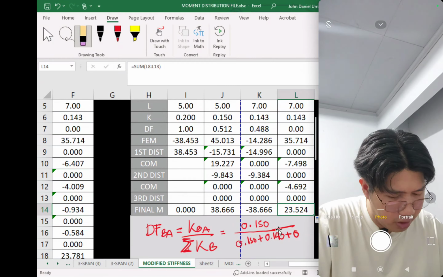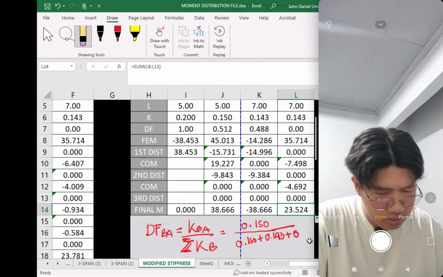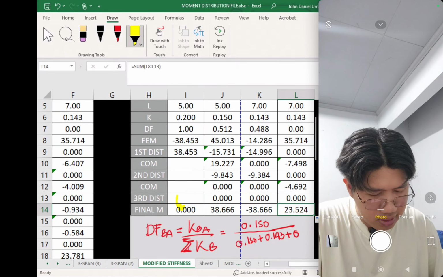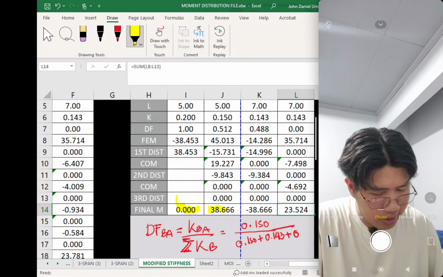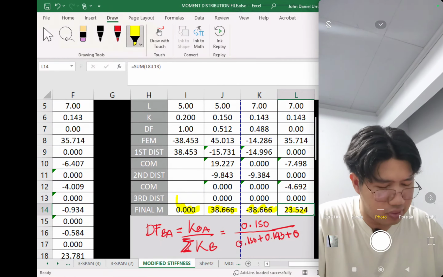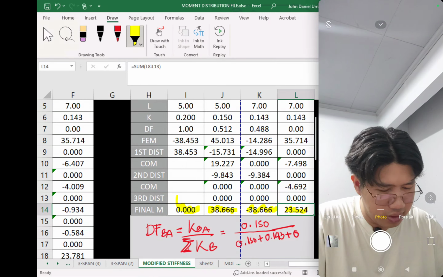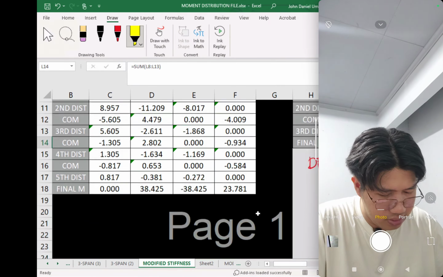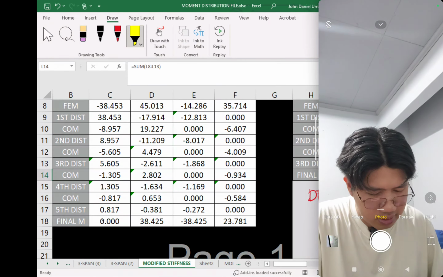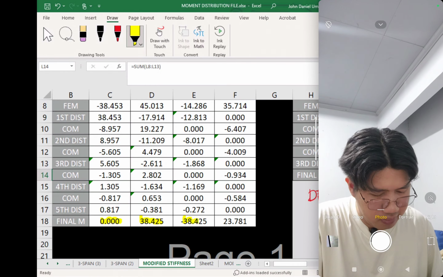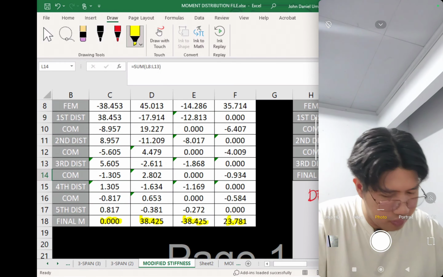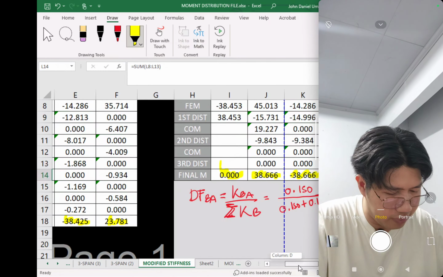So, let's compare our answers from the original. So, automatic 0 yung sa pin support, final M, 38.66, negative 38.66, 23.524. So, let's compare it from the original. So, that is 0, 38.425, negative 38.425, 23.781.